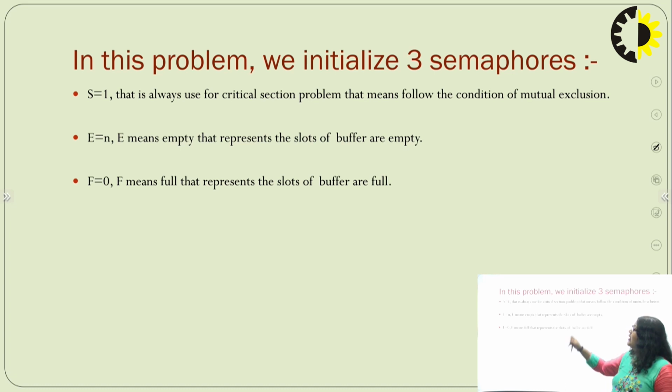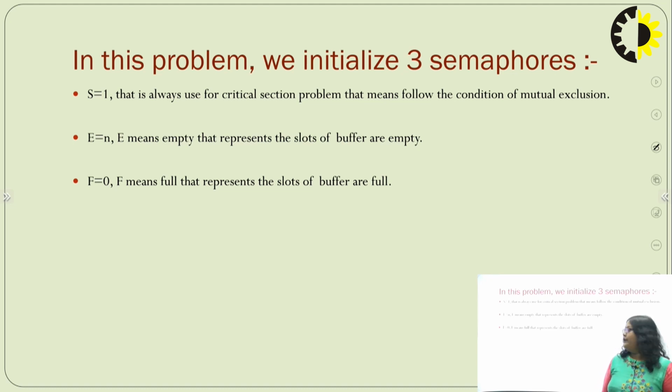So there are three semaphores in this problem: S equals 1, E equals N, and F equals 0. What is S, what is E, and what is F? S is used for the critical section, and at this time the value of S is 1. E is used for empty; E represents the slots of the buffer that are empty.